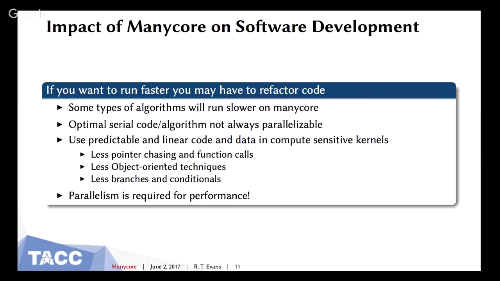Okay, and so if you want to optimize your code for these systems, one of the best things you can do is try to simplify your code. Simplify your loops.